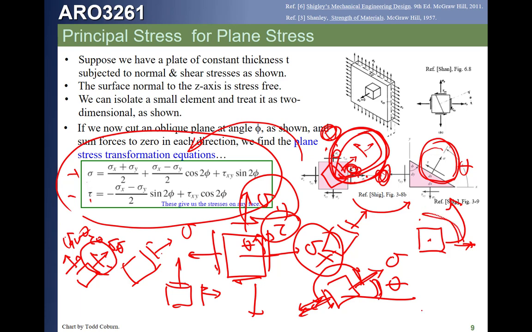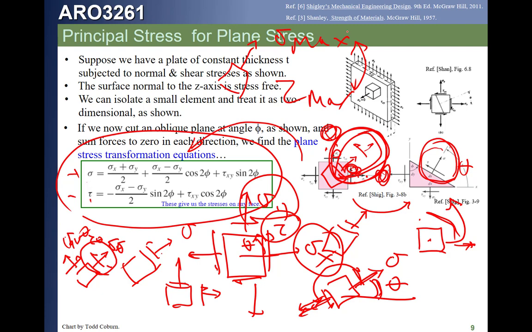That means it's going to change in magnitude up and down. At some point, that normal stress will be maximum. And at some point, the shear stress will be maximum. And these will not be maximum at the same point.